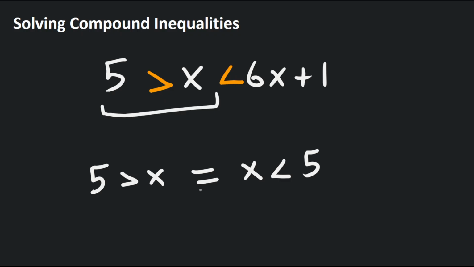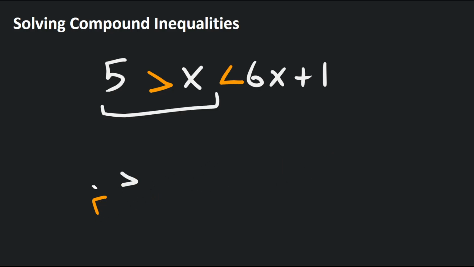When you flip an inequality, you have to make sure you flip the inequality symbol as well. So if you wanted to flip the x and the 5, you have to flip the inequality as well.